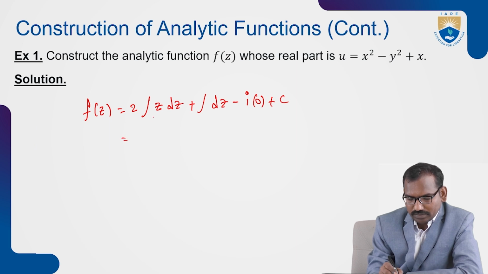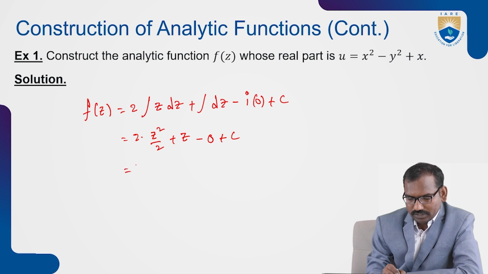So we will have 2 times z squared by 2 plus z. This one is 0, 0 times i is 0 only, plus c.